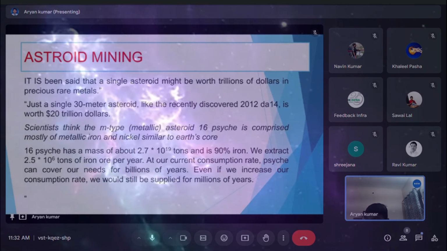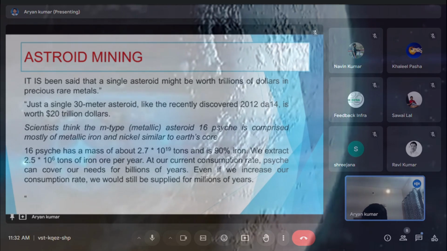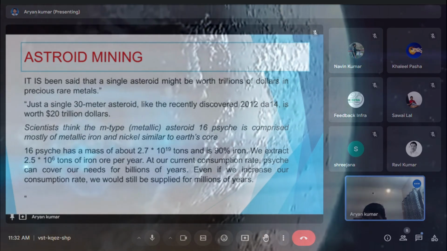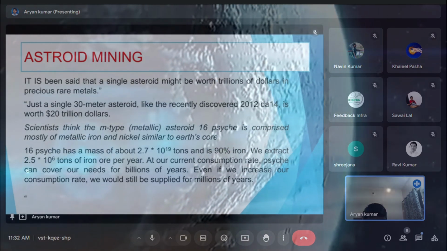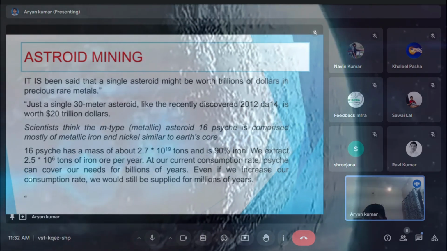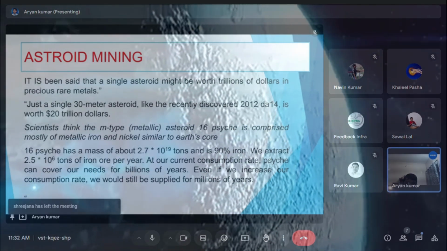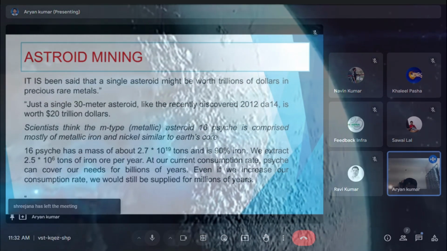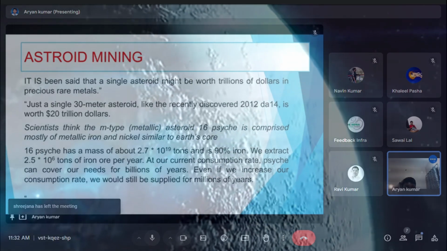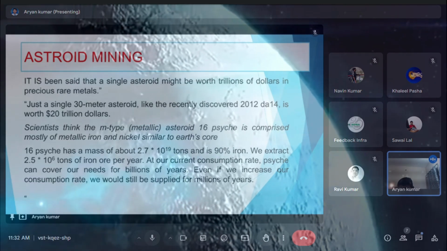If we extract around 2.5 × 10^6 tons of iron ore per year, at our current consumption rate, Psyche can cover our needs for billions of years. Even if we increase our consumption, it would still supply us for millions of years. So this is worth around a quadrillion dollars.